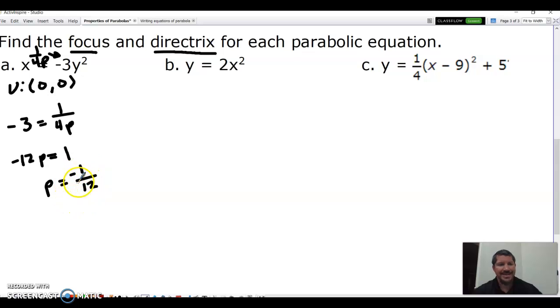This is how far the vertex is from the focus and the directrix.